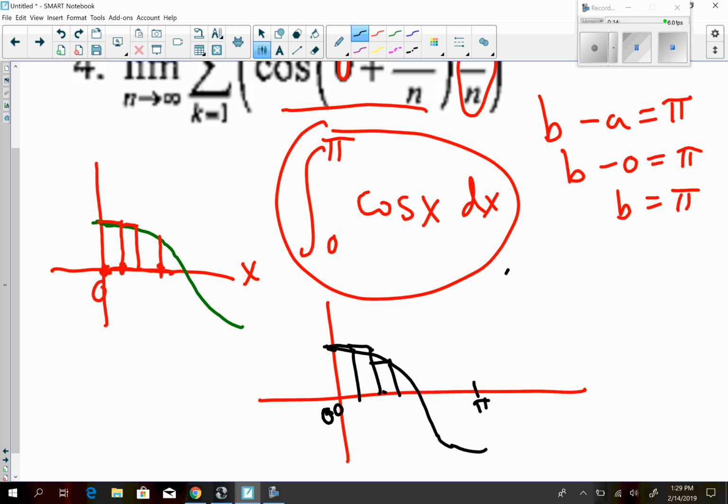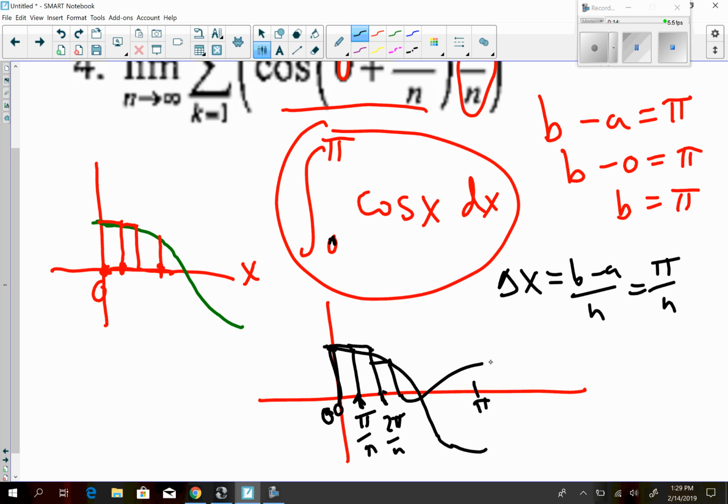So if this was given, I'd say delta x is b minus a over n, which would be pi minus 0 over n, which means this point here on the x-axis would be the starting x plus pi over n. The next one would be the starting x, which is 0, plus 2 pi over n, and so on. In general, any rectangle's right side would end up at the starting x plus k pi over n.